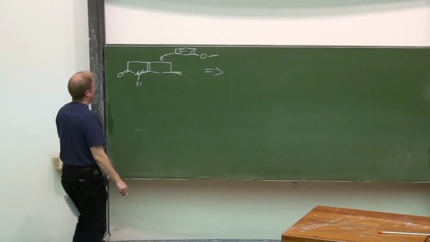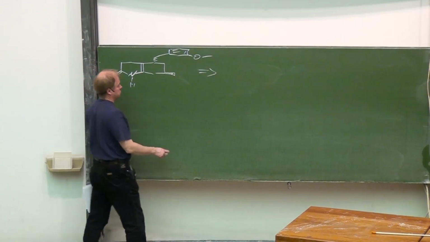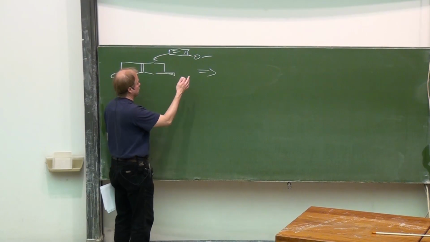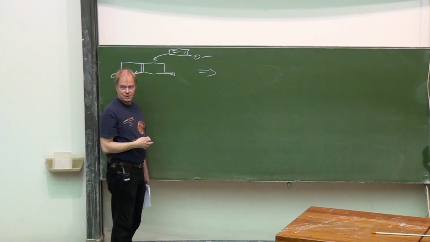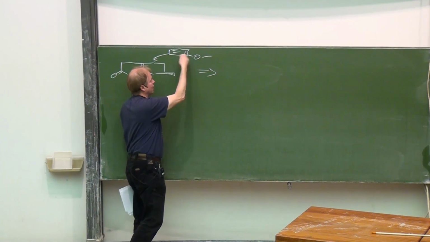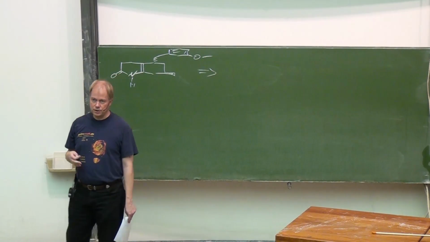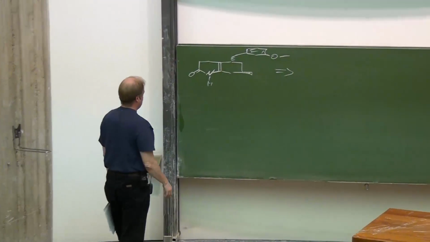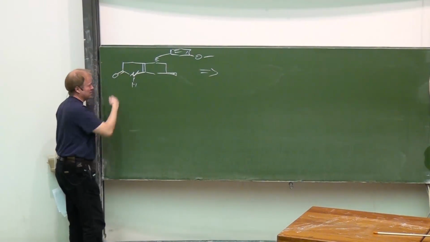For instance, with oxygen and with water, nothing will happen here. It's not possible to hydrolyze such an ether moiety under moderate reaction conditions. In this case also, this is rather stable.